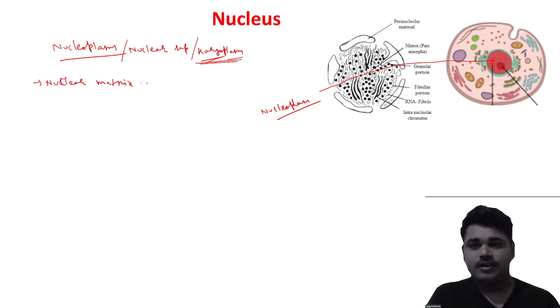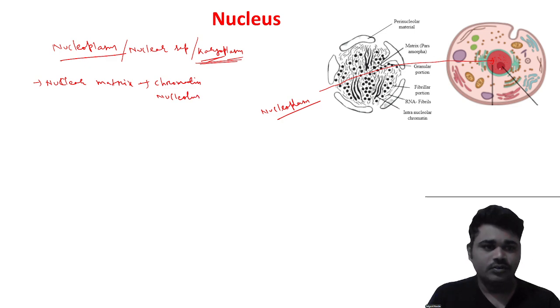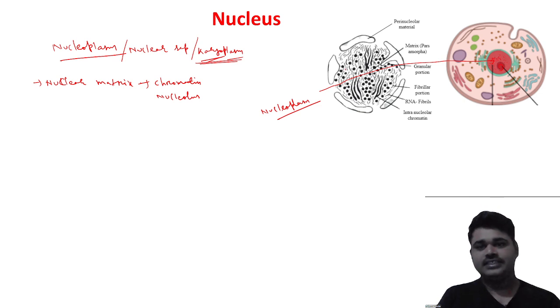So the nucleoplasm contains chromatin and nucleolus. So this is the nucleolus, and the chromatin material that is present inside it is called the chromatin, and that is the main difference between the cytoplasm and the nucleoplasm.